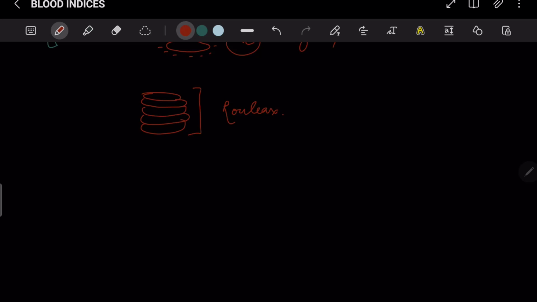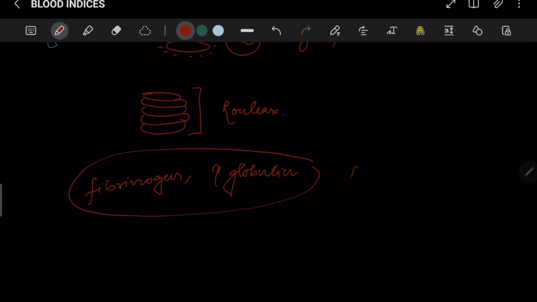These macromolecules are, for example, fibrinogen and gamma globulins, which are present in the plasma, and if these are increased, the ESR actually increases. The process of rouleau formation increases.